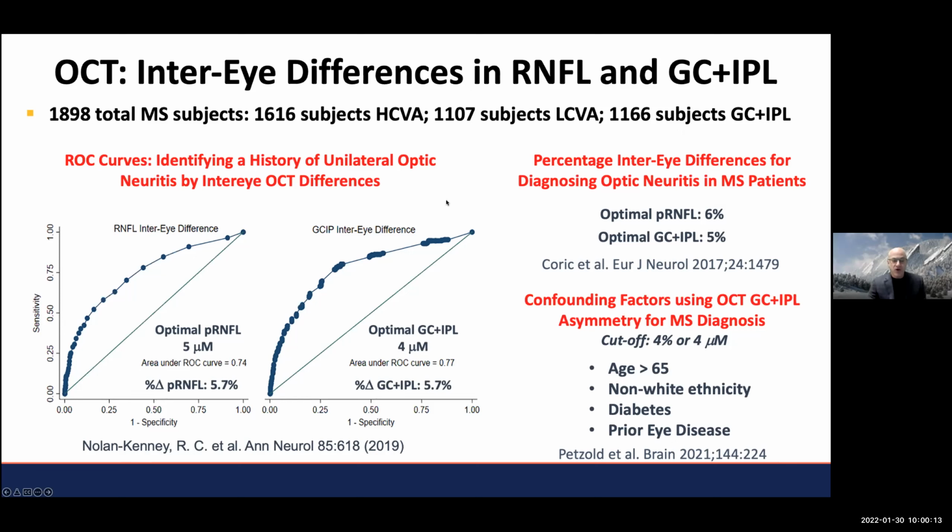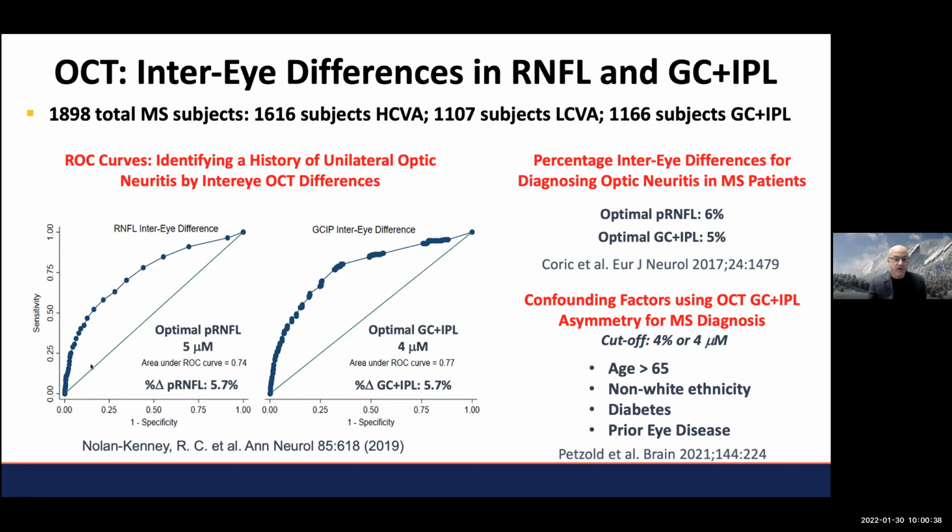And what they determined was that a 5 micron difference in the peripapillary retinal nerve fiber layer between the two eyes on average, or a 4 micron difference in the ganglion cell interplexiform layer, had the highest diagnostic sensitivity for representing a probable prior history of optic neuritis in a patient.